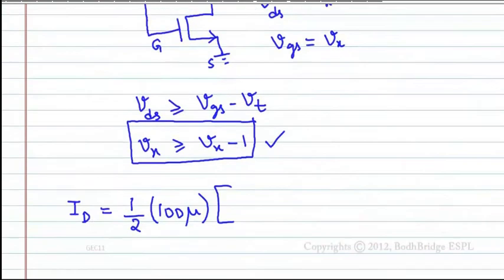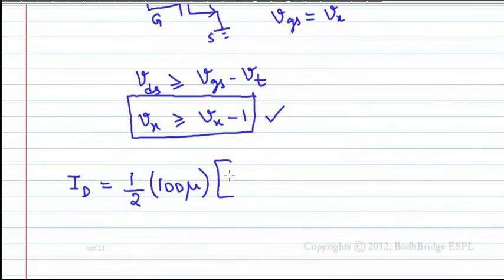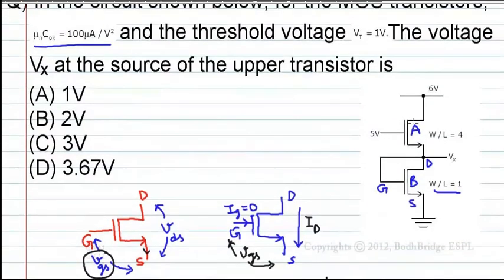What is VGS? Vx. Vx minus Vt, that is Vx minus 1, whole square. This is the current ID passing through this point. Now, what is the current passing through the other point? The same current.